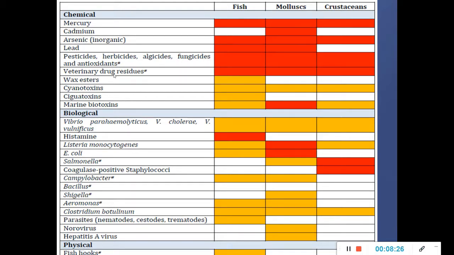Sometimes some antioxidants could serve as chemical hazards. And veterinary drug residues, that is the drugs which have been given to the animal. They could also include antibiotics which have been given to the animal, some wax esters, cyanotoxins, ciguatoxins and marine biotoxins. These are all some chemical hazards which could be present in the food that we produce.